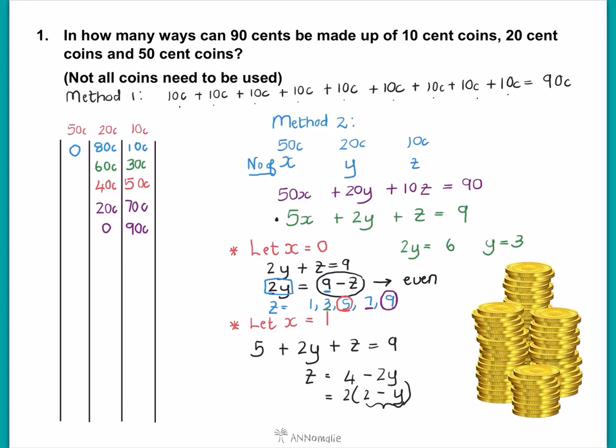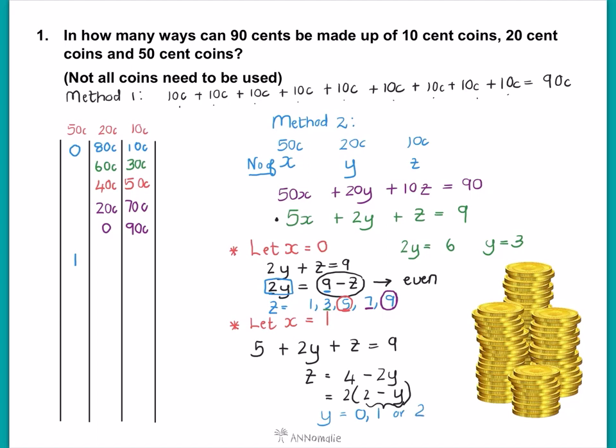So in my second scenario, where x equals 1, y could be a 0, a 1, or a 2.